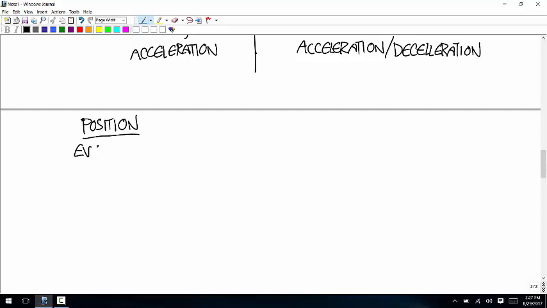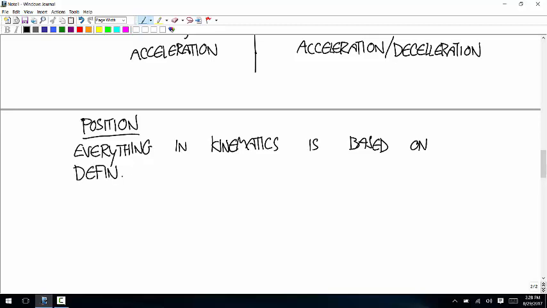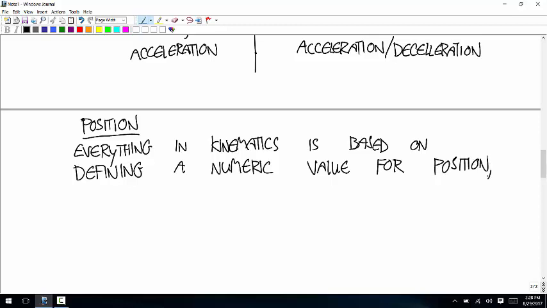And everything that we're going to do in kinematics is based on defining a numeric value for position and a numeric value for time.